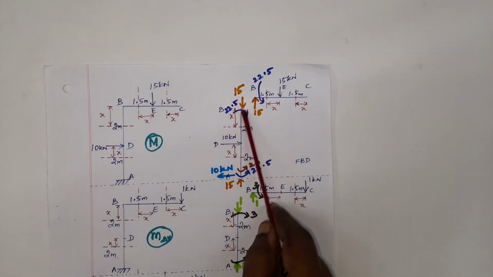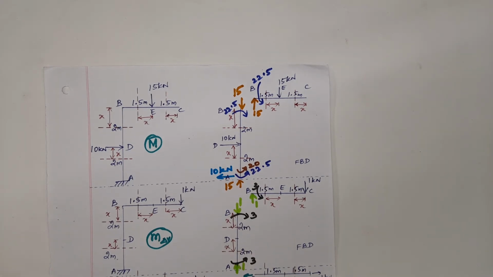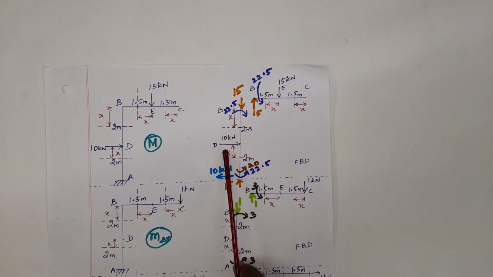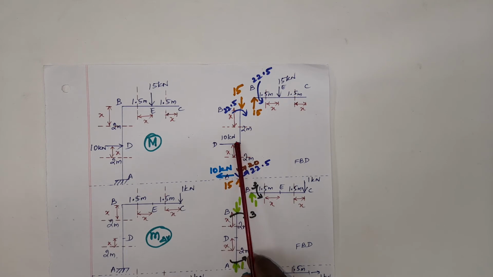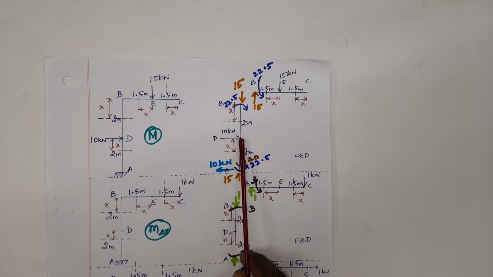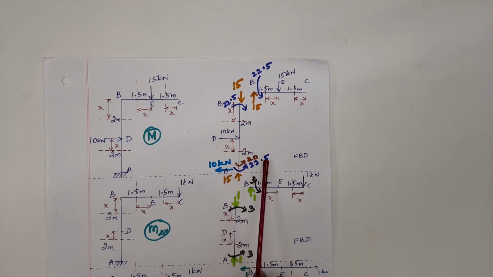So now taking these reactive forces and proceeding towards the other end to write my moments and internal reactions. When I start from B and proceed towards A, I have a load 10 kilonewton. It is at a distance of 2 meter from A. This 10 kilonewton will be having a horizontal reaction in the opposite direction, equal in magnitude, opposite in direction. 20 kilonewton meter will be the moment caused by this 10 kilonewton acting in the clockwise direction.